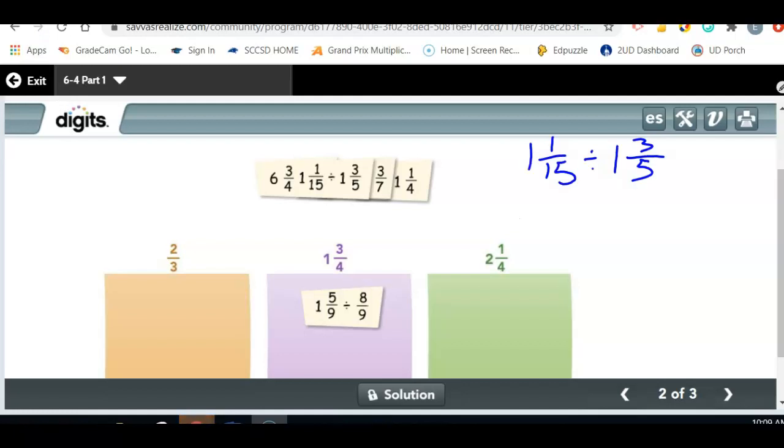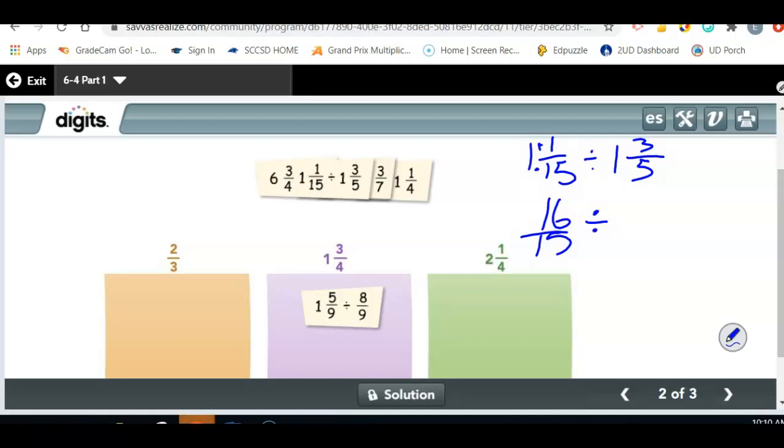All right, step number 1 is to do what? Ava? Good, we have to change mixed numbers to improper fractions. 15 times 1 is 15, plus 1 is 16/15. Please write divided by. I saw someone who did not do that, and you had it incorrect. Okay? Next step is to do what?